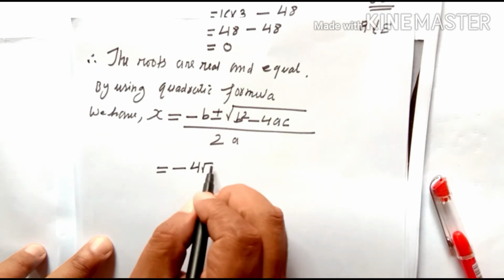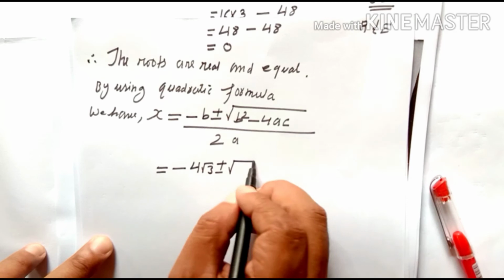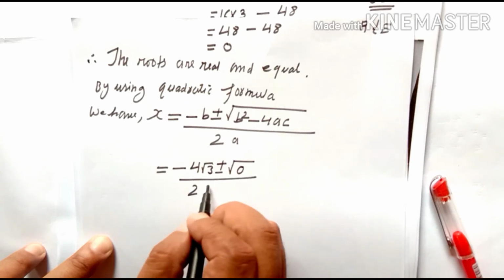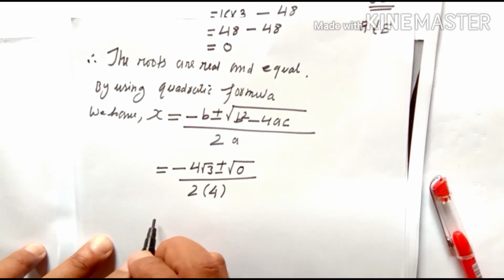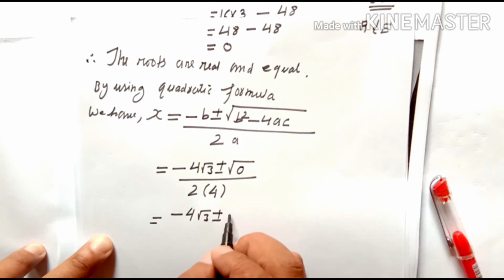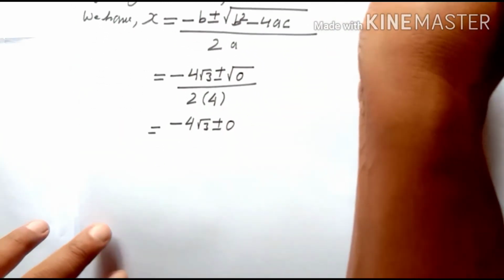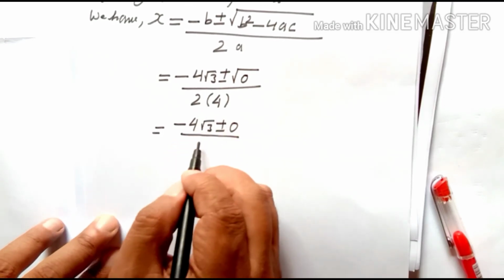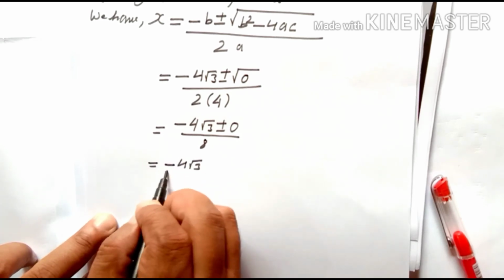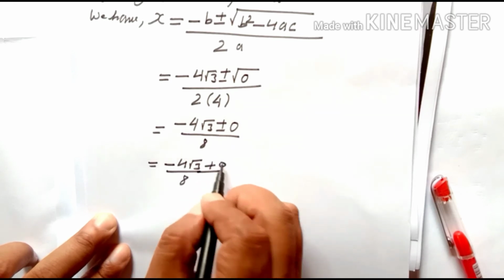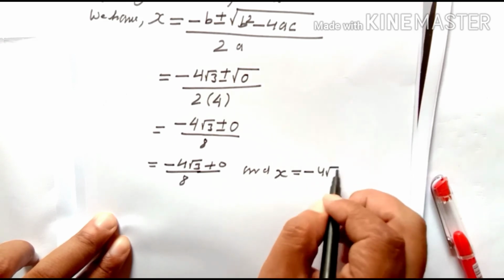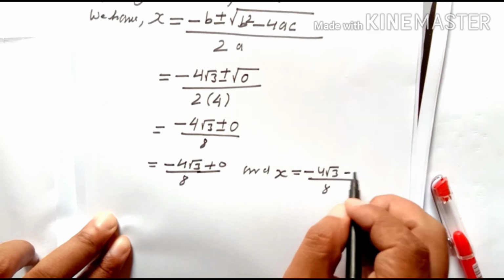We have 4 root 3 plus minus root of b square minus 4ac, value we already got above, 0, upon 2 times a, that is also 4, which also equals negative 4 root 3 plus minus, it is a perfect square, 0, divided by 4 2's are 8. Now which equals minus 4 root 3 divided by 8 plus 0 if you want, and the second one x equals minus 4 root 3 divided by 8 minus 0 if you want to put.